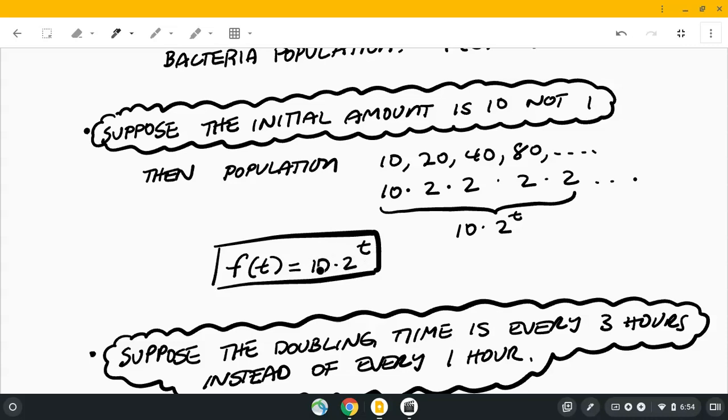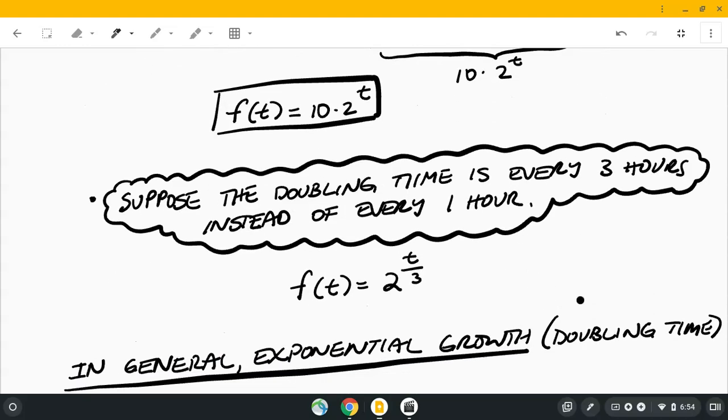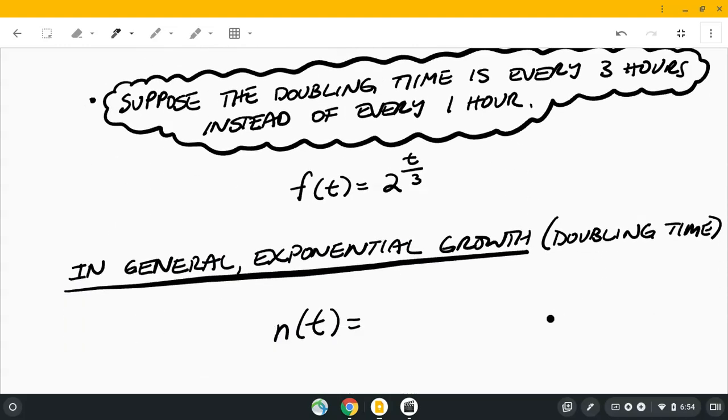So we see here that this is your initial amount. So here in the general formula, we will put N0. Okay, that's your initial amount. And then we multiply that by 2, and how often depends on the doubling time.